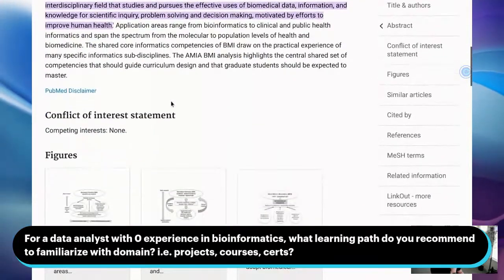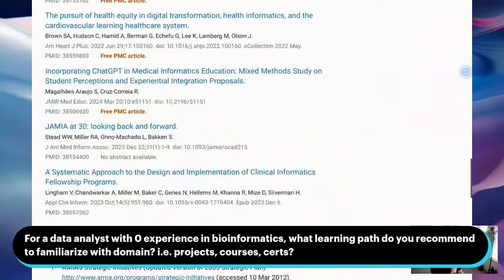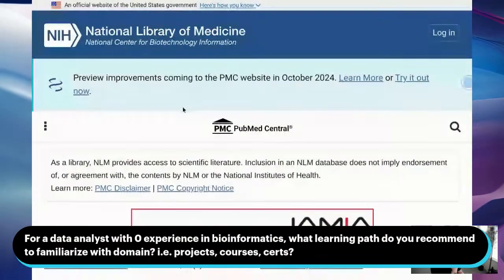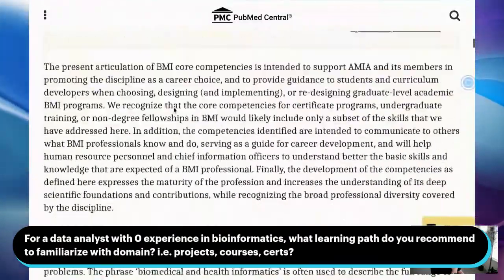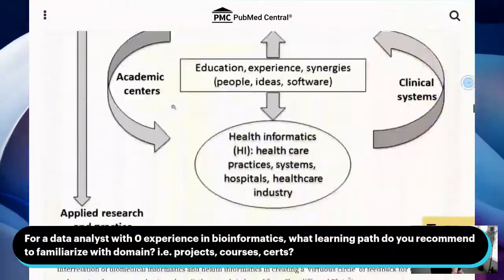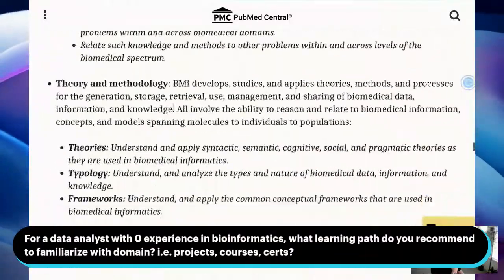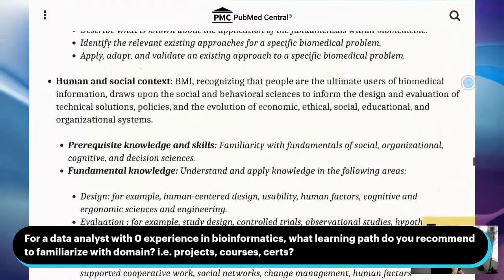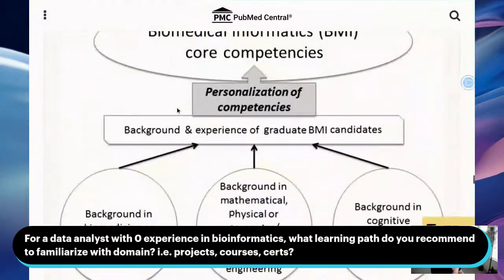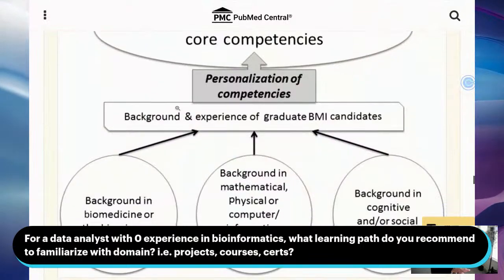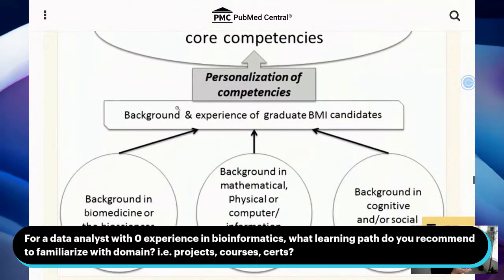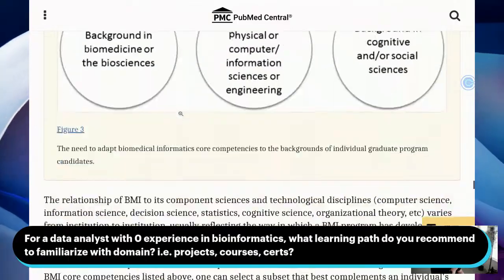The reason I pull this up is because they have a nice diagram. Where's the diagram? Not this one. That kind of breaks a lot of it down into something more tangible. I think this is a really good paper to read in general. It gives you an idea of what types of activities you would do within these different domains.